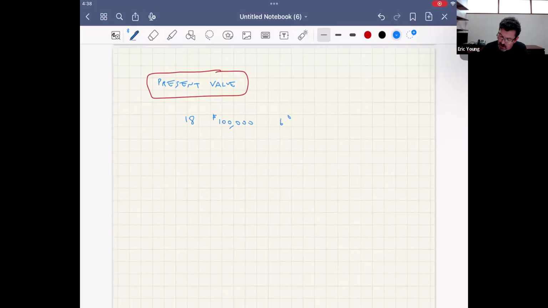And you assume that you can earn 6% per year. So let's talk about this. You're saying, okay, 18 years from now, I want to have $100,000 in an account, and I know I can earn 6%. Here's the question. How much money do you have to set aside today to meet that goal?